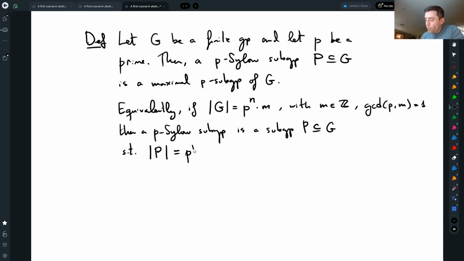So it's a subgroup of order exactly P to the n. And we have already shown that such subgroups do exist. So let's see some examples of this.